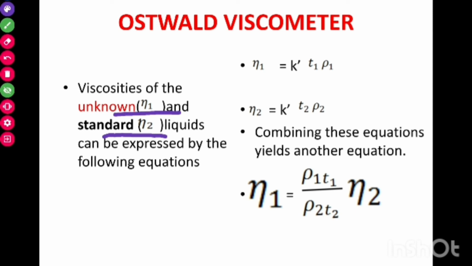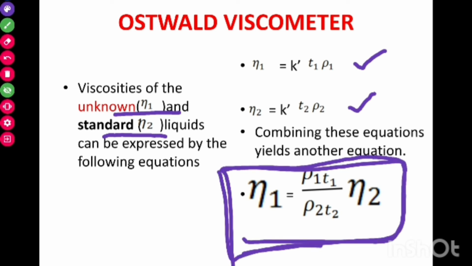And we can express the viscosity of the unknown and known samples like this: eta 1 equal to k dash t1 rho 1, eta 2 equal to k dash t2 rho 2. By combining these two equations, we get another equation: eta 1 equal to rho 1 t1 divided by rho 2 t2, into eta 2.